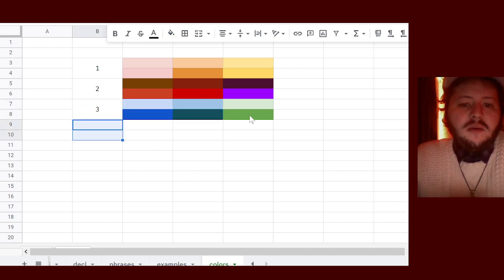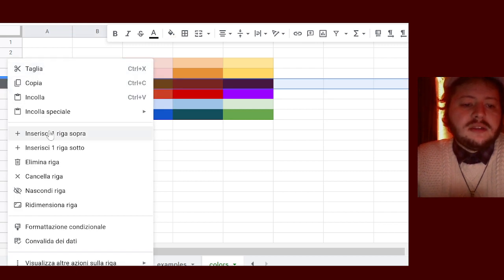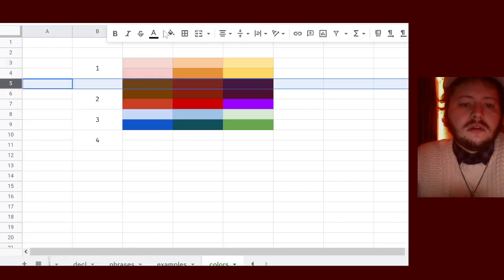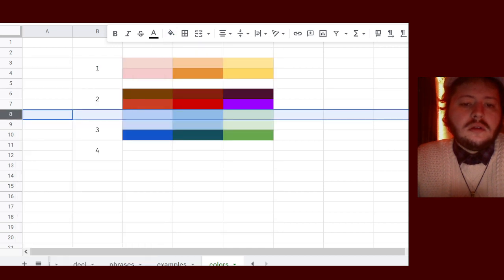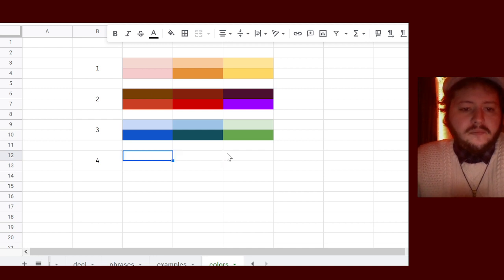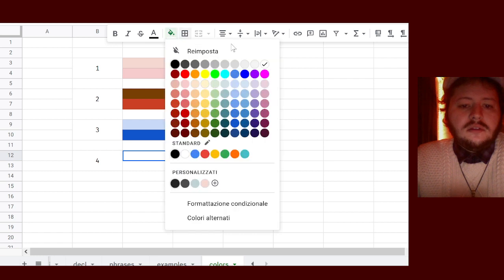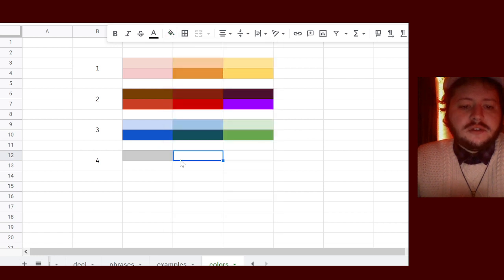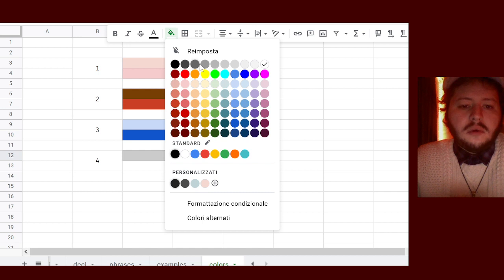And then I think I want... alright, I'm actually gonna put space between these. And then I think I want just sort of neutral tones, not even neutral tones, just gray, black, white.